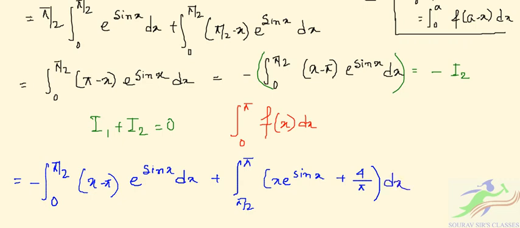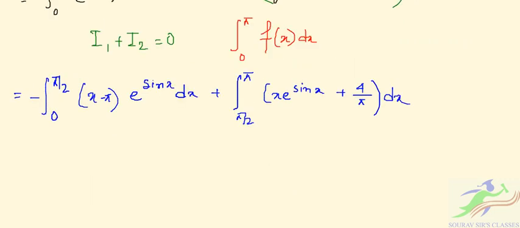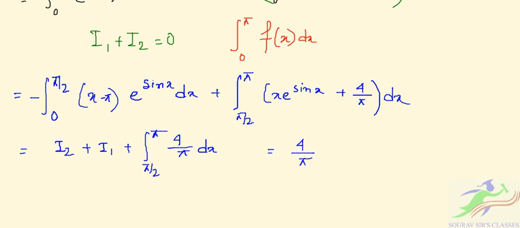Okay. So here it is the I2 plus I1 part, plus the integral from pi by 2 to pi of 4 by pi dx. Okay, so the remaining integral will be 4 by pi times x from pi by 2 to pi.